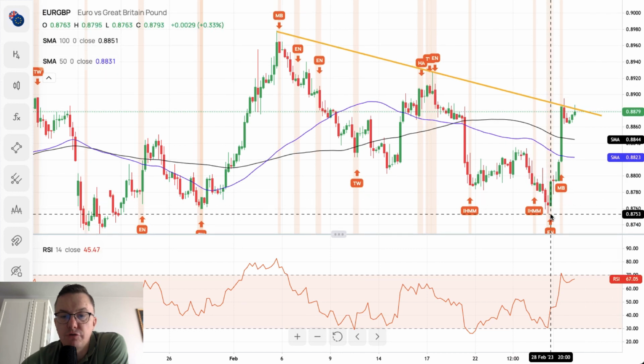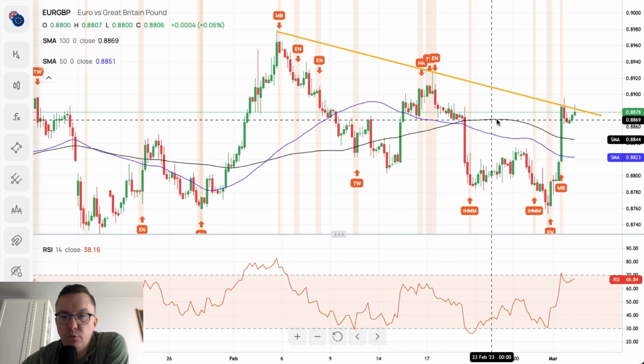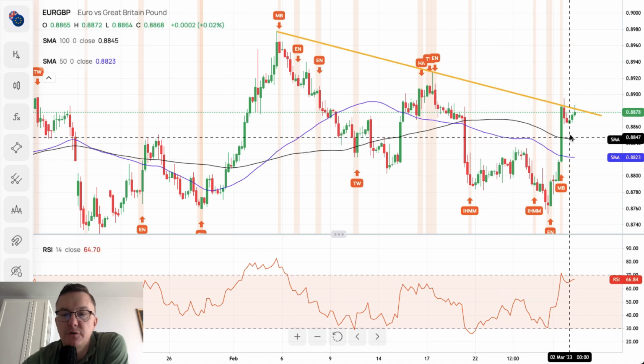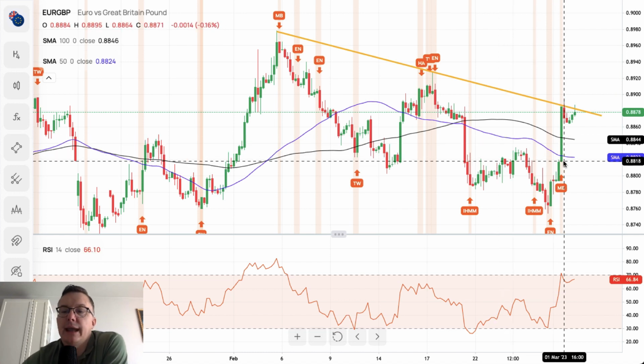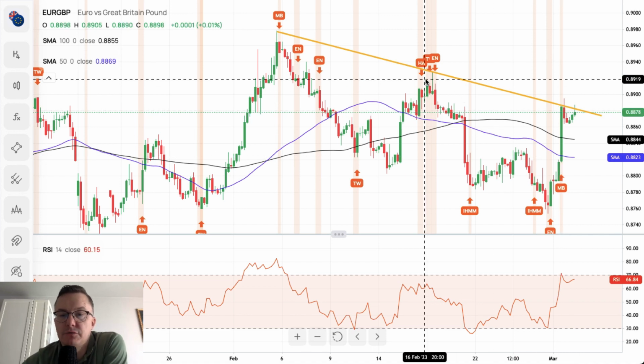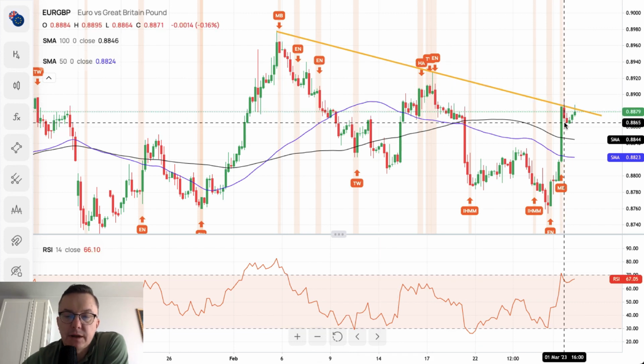Very strong rebound from the levels of 8,750. The 50 and 100 period moving averages were violated straight on without any compromise, and it looks like the bulls know where they want to go. They want to go towards this short-term trend line resistance. We tested it.